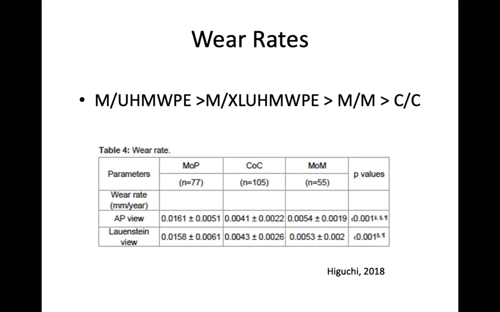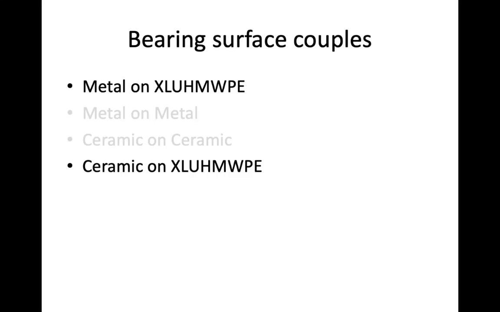If you look at wear rates in vivo, ceramic on ceramic and metal on metal led to reduced wear in comparison to metal on cross-linked polyethylene. If you look at total hips today, though, there are far fewer metal on metal and ceramic on ceramic implants compared to metal on polyethylene or ceramic on polyethylene.